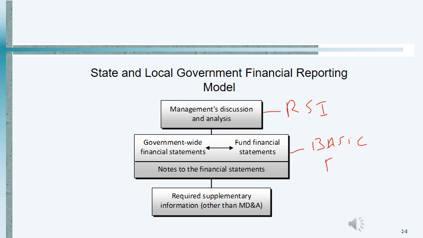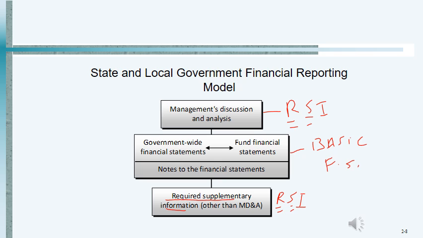We talked about this quite a bit in Chapter 1. And then we're going to have our required supplemental information other than the MD&A. So obviously this information is RSI as well. Now remember, required means you have to provide it. Supplemental means it supplements something else.